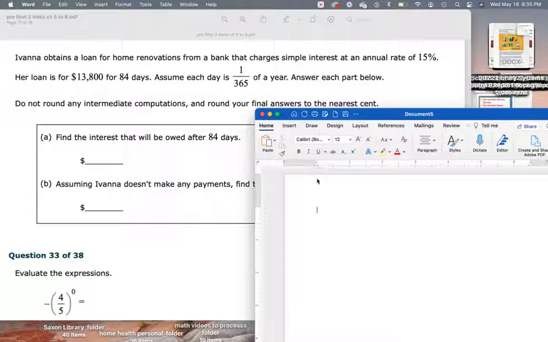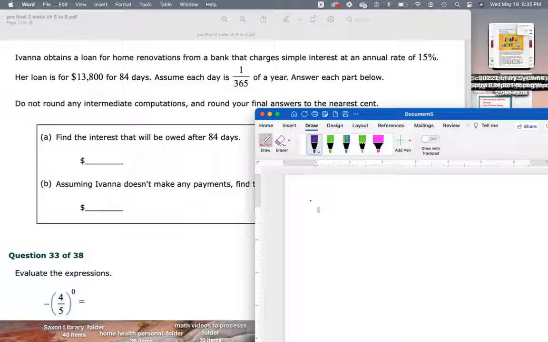Okay, so we're going to say the principal, interest equals, oh, it's giving me that funny look again, principal times rate times time. Okay, I don't know why it does this sometimes. Okay, so now it says that the loan was the principal, $13,800.